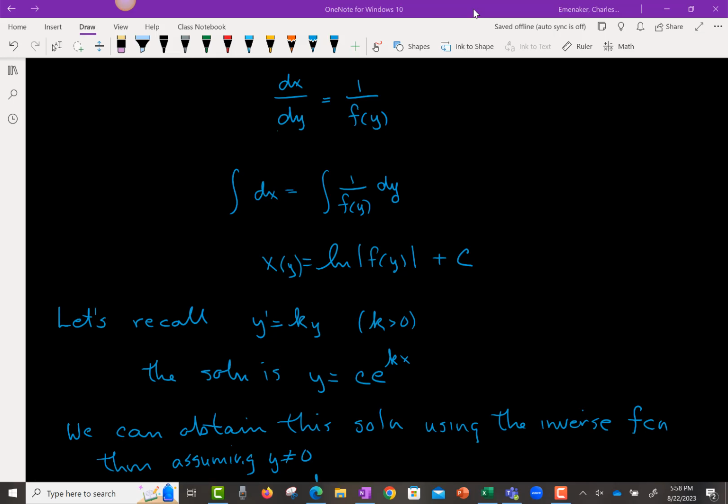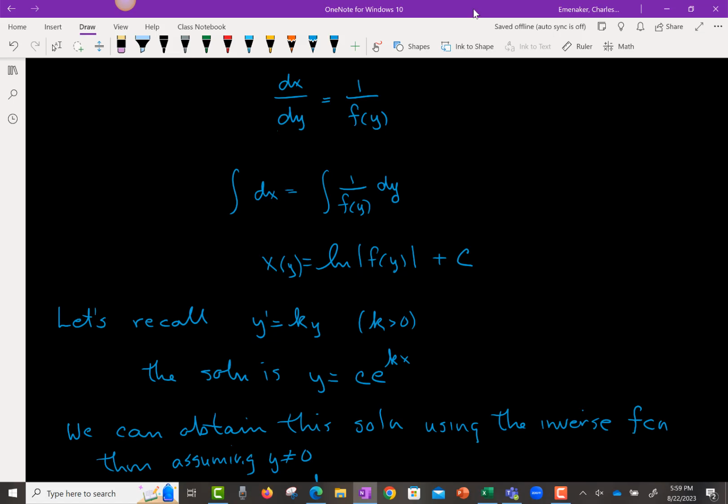Apply the antiderivative to each side. On the left side, I'm going to get x. And my x is going to be written in terms of the variable y over on the right side. On the right-hand side, if we have 1 over the function, when we apply the antiderivative, we get the natural log of whatever the function is plus some constant of integration.